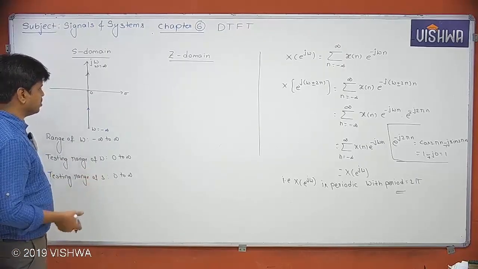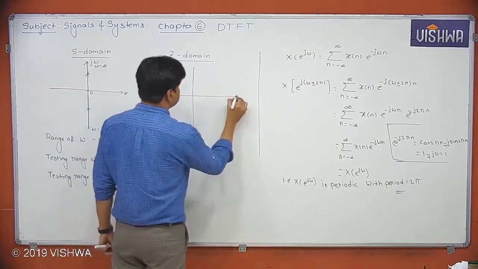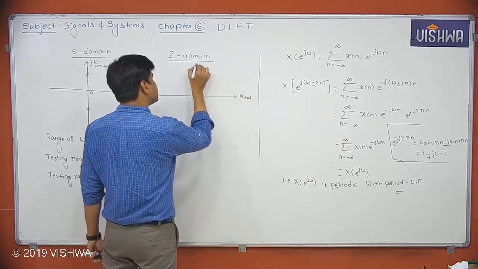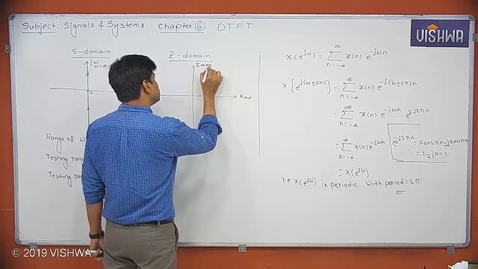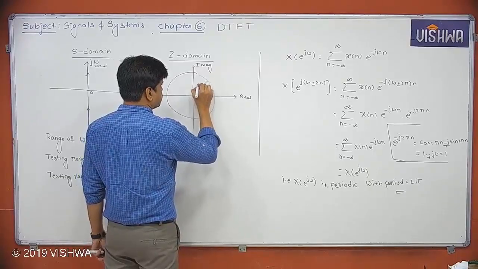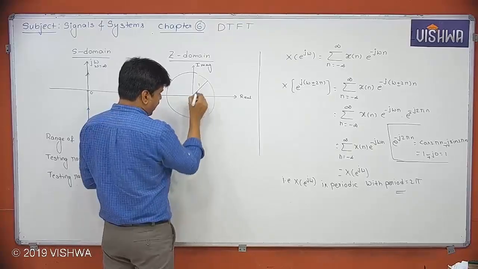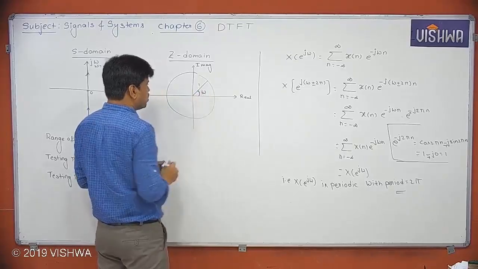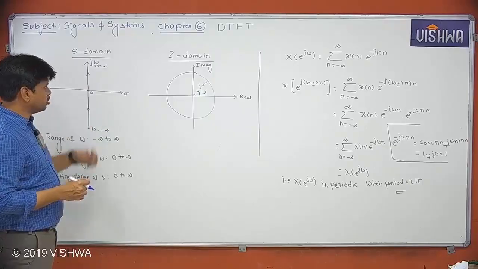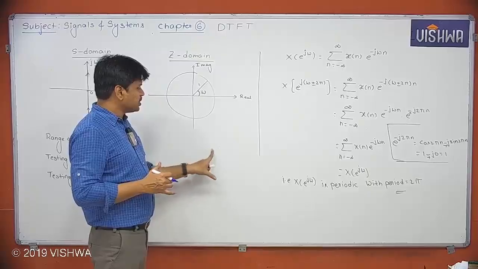Now try to understand. In the Z domain, it is similar to a unit circle, with the real axis and the imaginary axis. In that unit circle, the angle is nothing but omega. In the S domain it is a value changing from minus infinity to plus infinity, but in the Z domain it is an angle, so it has some limitations.